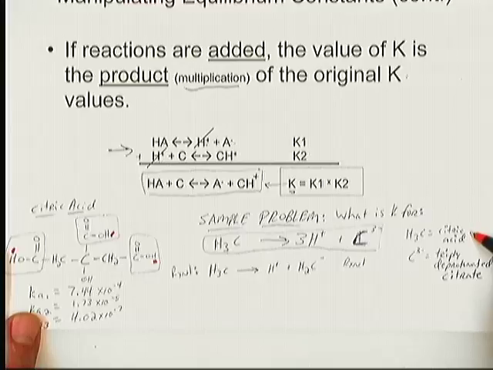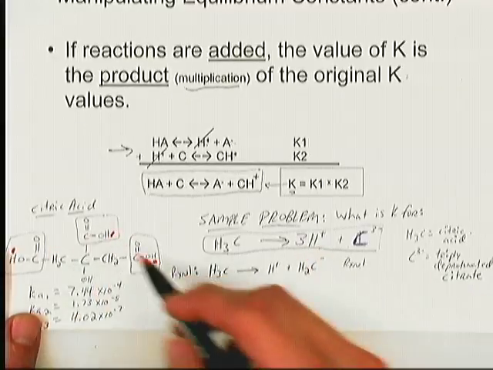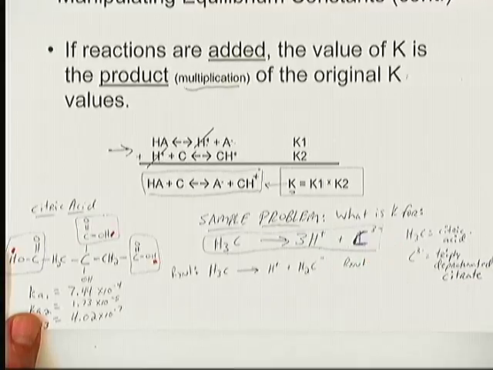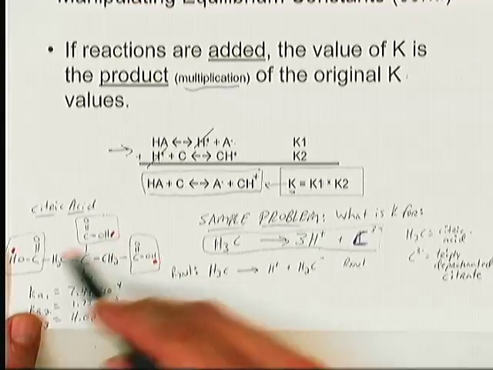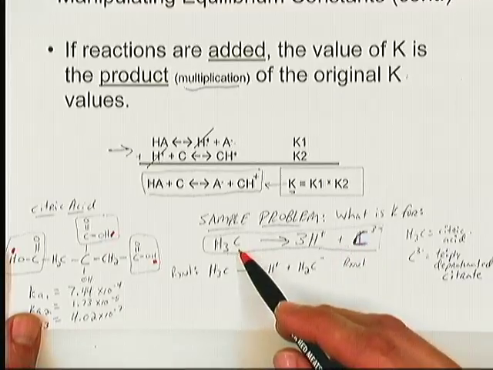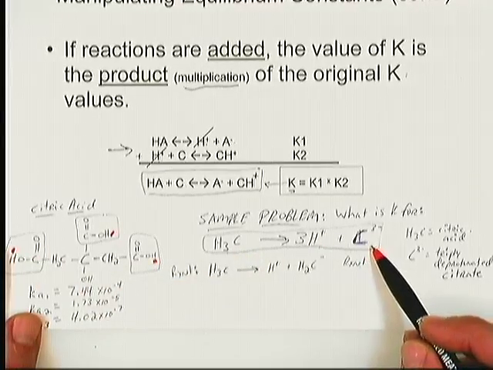Okay, so that's the citric acid fully protonated, my H3C. 3H plus are my 3 protons that result from the donation of all 3 of these guys. Okay, and C3 minus, I'll call that my triply deprotonated citrate, or fully deprotonated citrate. Okay, it's where all of these acidic protons are gone. They've been deprotonated. So I'm basically wanting to know what is the equilibrium constant for the citric acid molecule losing all 3 of these protons to form the triply deprotonated citrate.